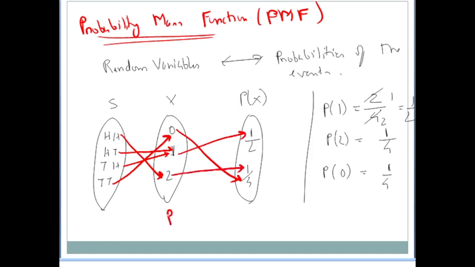So this will be the probability mass function, which is called the PMF.